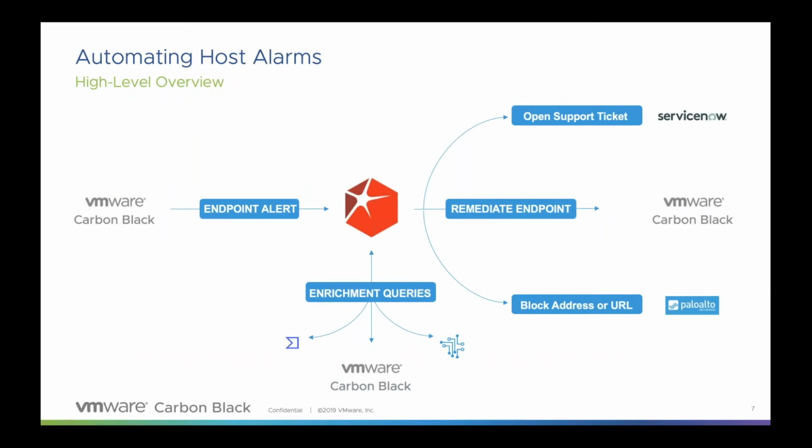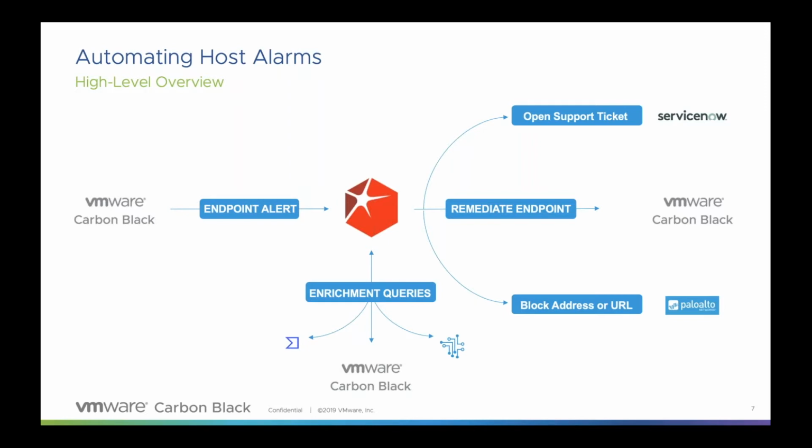And so that's where Siemplify comes in. They can help automate that entire process. And where does VMware Carbon Black fit in to the Siemplify process? So there's 3 different phases. The first is on that detection process. We can generate an alert, which then will kick off a process inside of Siemplify.